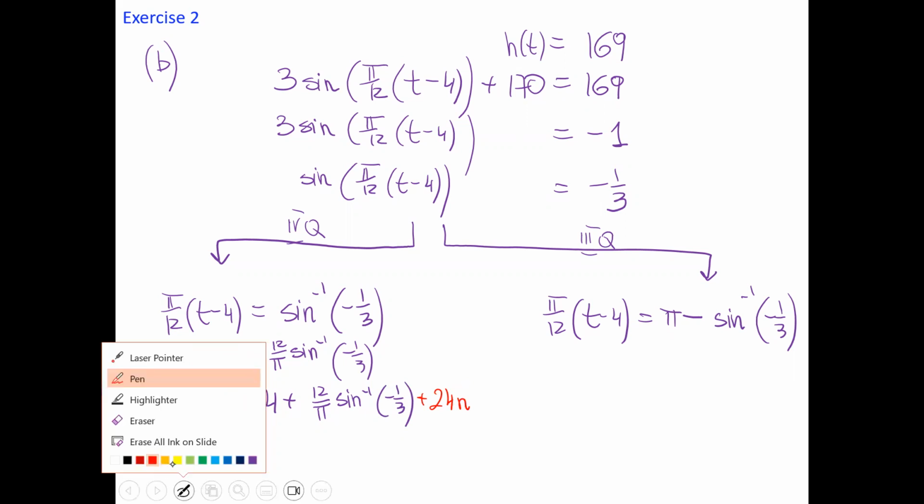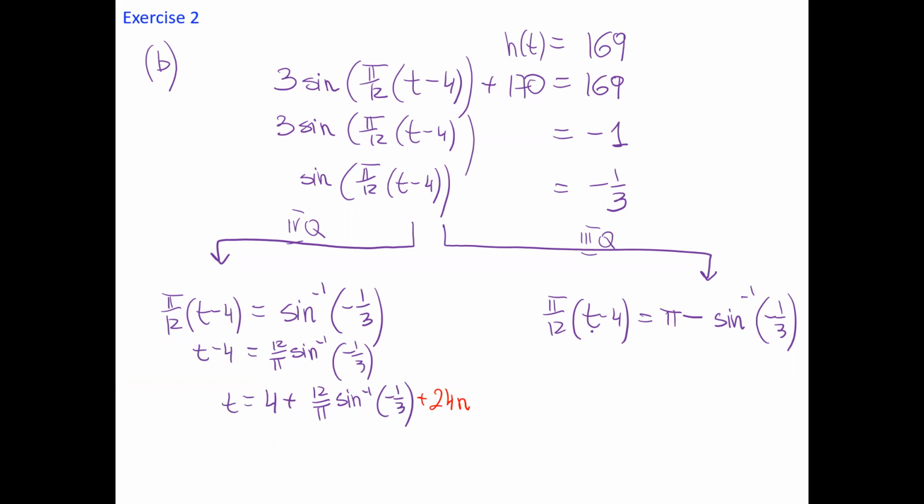And the same for this one, we multiply everything by 12 over pi on both sides, and then we add 4: 4 plus 12 over pi times (pi minus inverse sine of negative 1/3).